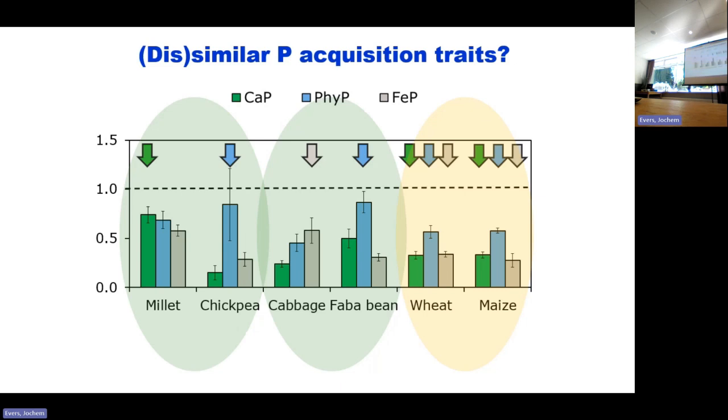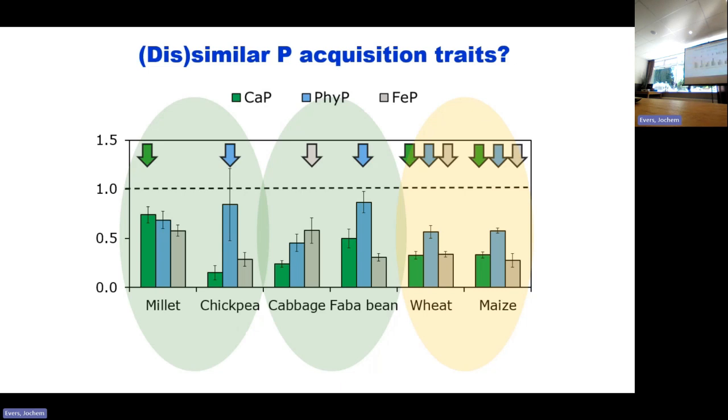Oh, okay. So we compare each species, how they can use the calcium P, phytate P, and iron P. Actually, we calculated a ratio.